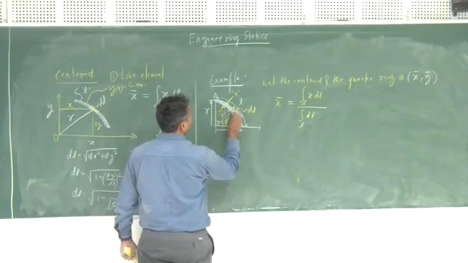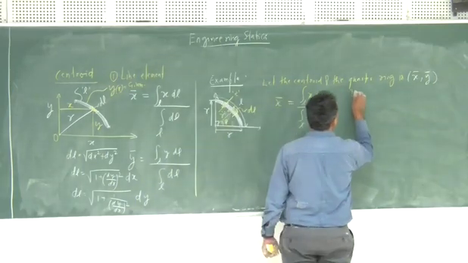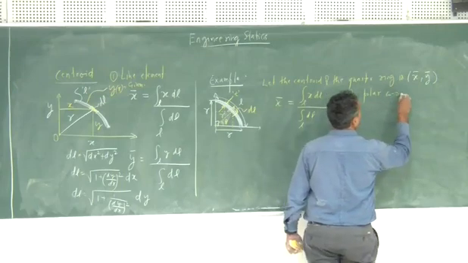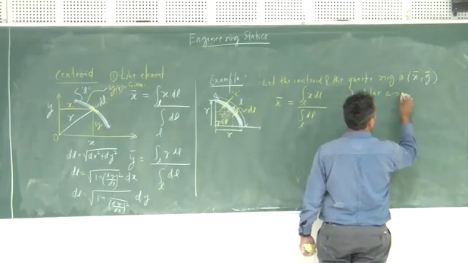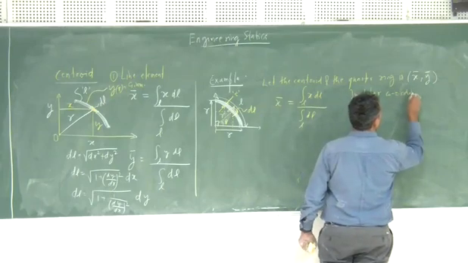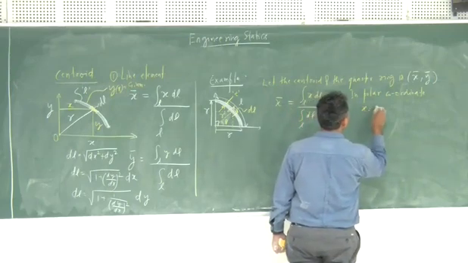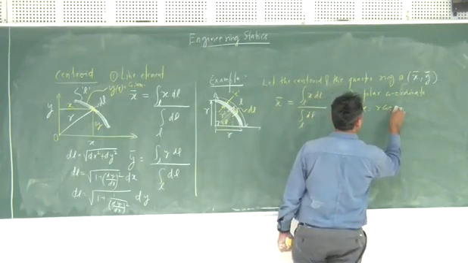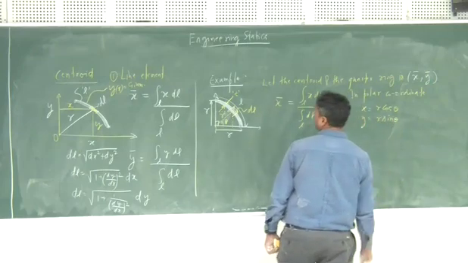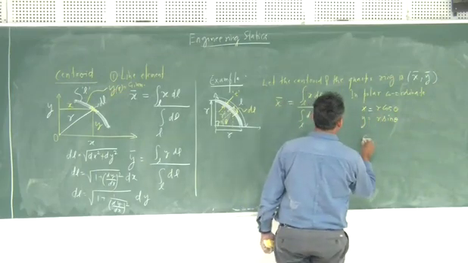So what will be your x, what will be your y, and what will be your dl? In polar coordinates, you will see that x is nothing but r cos theta, and y is nothing but r sin theta.